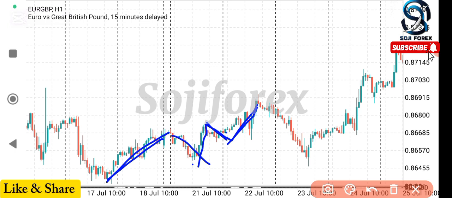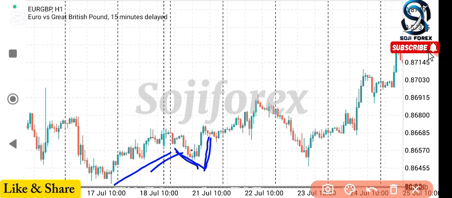Now okay, let me put it under the candle so it can be obvious for you to see. This is a lower high, this is a higher low, right? Now look at what this is playing out. This is a higher high rather.